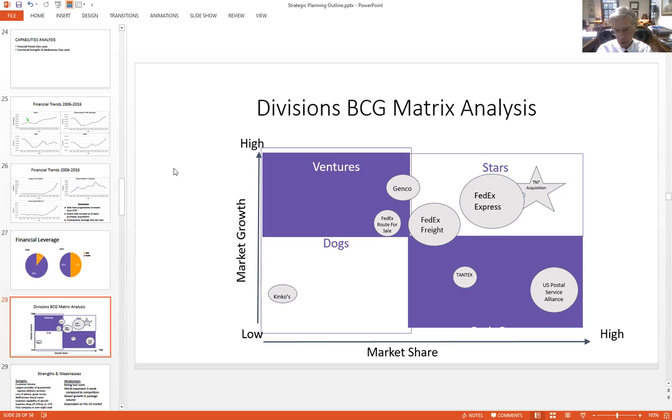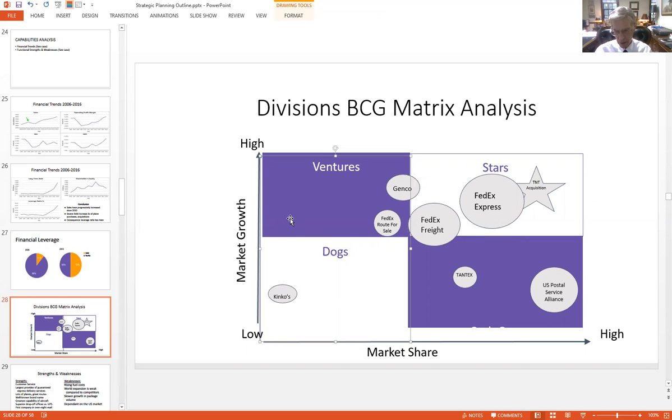The BCG matrix is based upon the industry life cycle. And so it actually starts in this quadrant here with ventures, where market growth is high, but our market share is low.